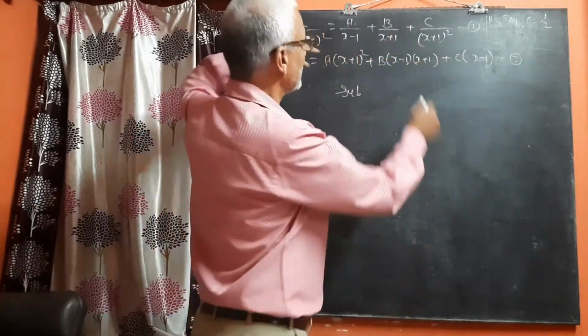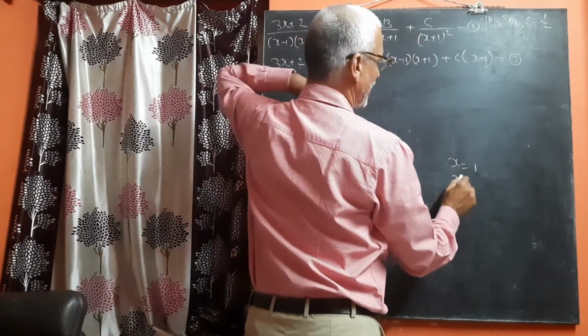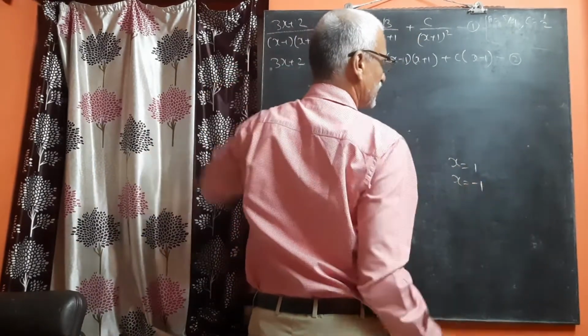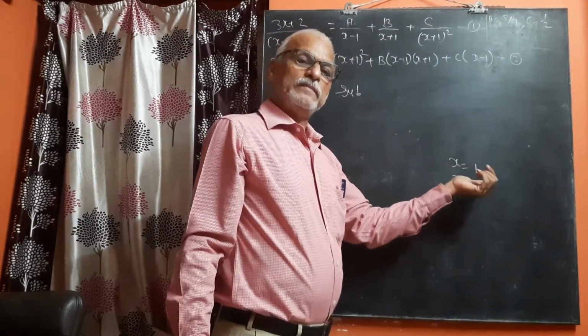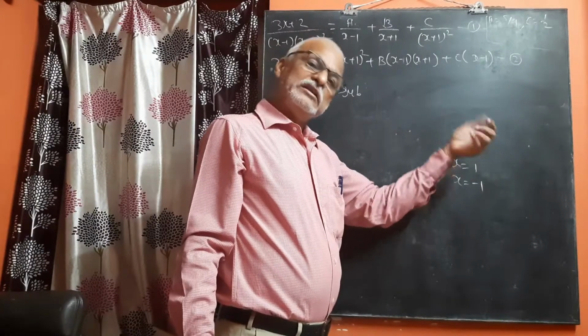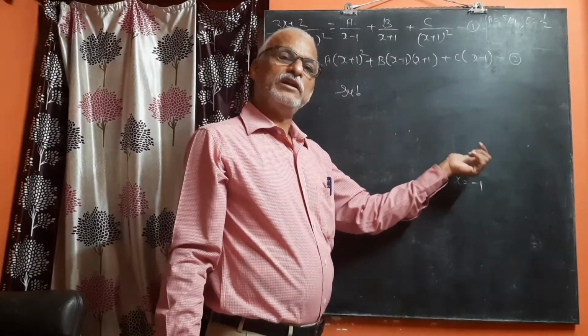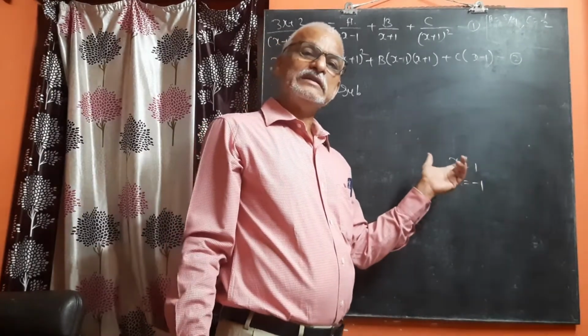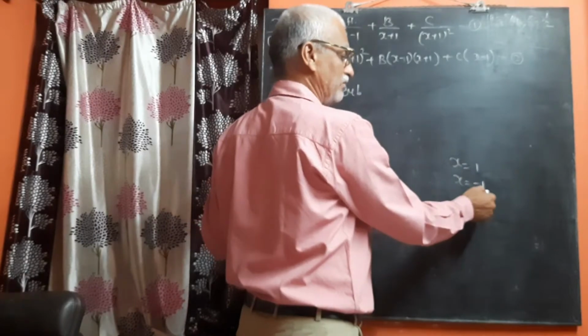The previous two substitutions were: the first substitution was x equals 1, the second substitution was x equals minus 1. We have to substitute any value of x other than 1 and minus 1.